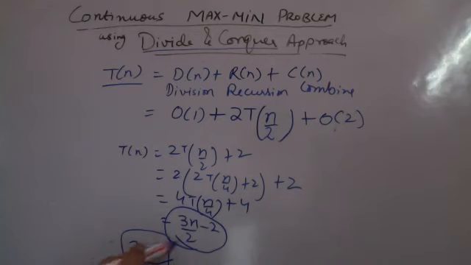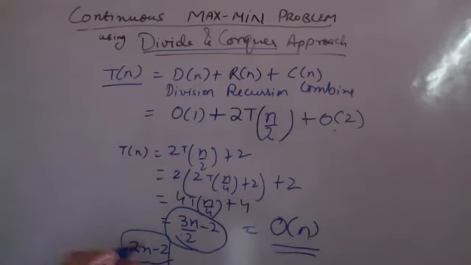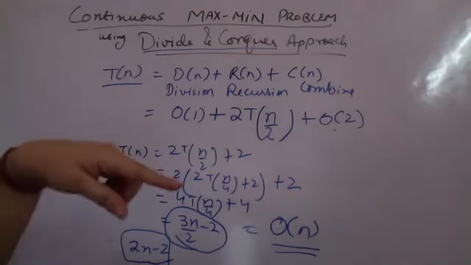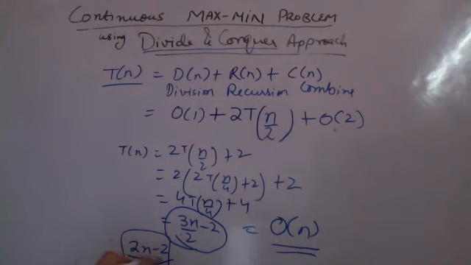The number of comparisons has been reduced. Although the complexity still remains of the order n. Asymptotically, complexity was earlier also of the order n, now also of the order n. But earlier, the number of comparisons were 2n minus 2. Now the comparisons have been reduced from 2n to 3 by 2n minus 2.